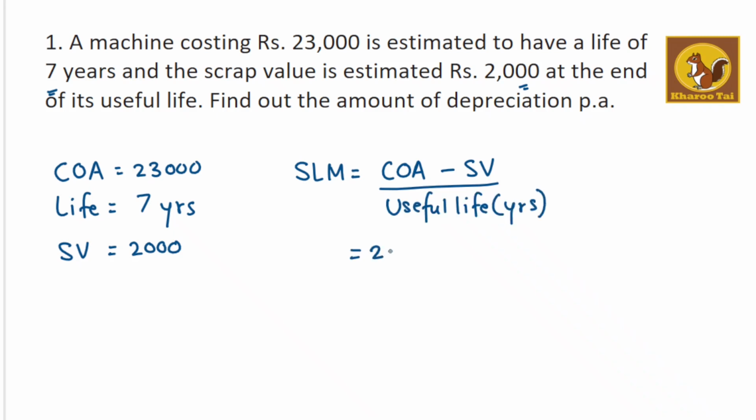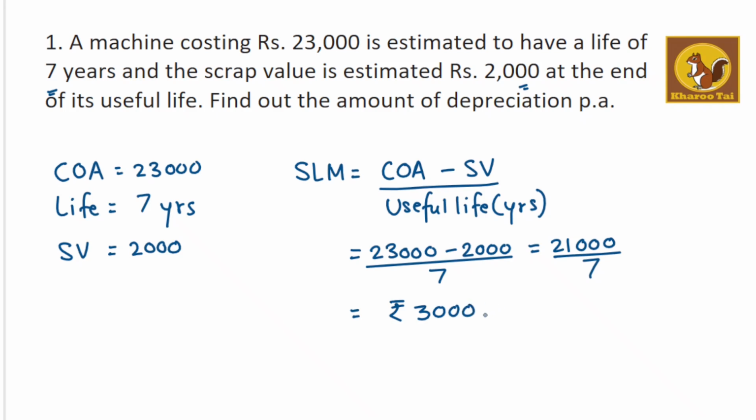Putting in the numbers, 23,000 minus 2,000 divided by 7. This is 21,000 divided by 7, that is rupees 3,000. This is 3,000 depreciation amount per annum.